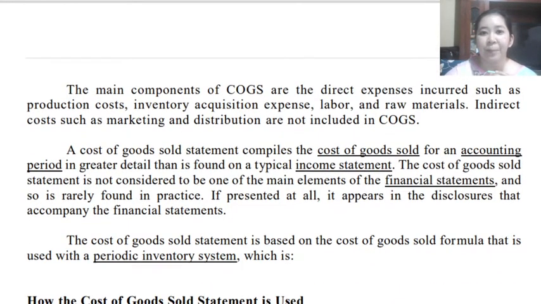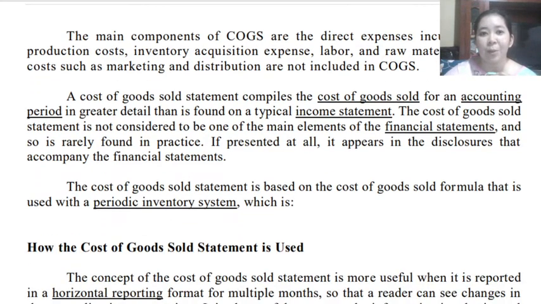So the main components are the direct expenses, which we've mentioned before as the production cost, inventory acquisition expenses, the labor, raw materials, and indirect labor and indirect materials. But the indirect costs such as marketing and distribution will not be included in your cost of goods sold because these are part of the operating expenses.